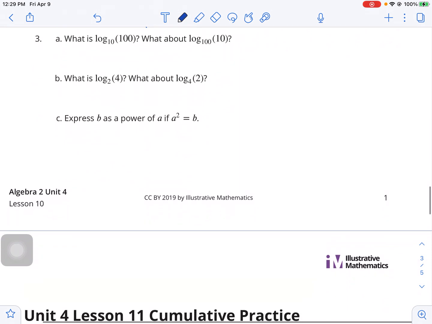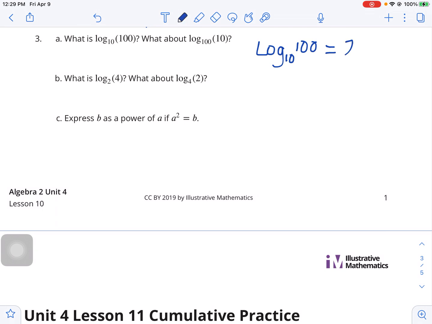So that's just the exponent. Number 3, what is log base 10 of 100? And what about log base 100 of 10? So the first one, log base 10 of 100, is asking us what exponent, 10 to the what power gives us 100.